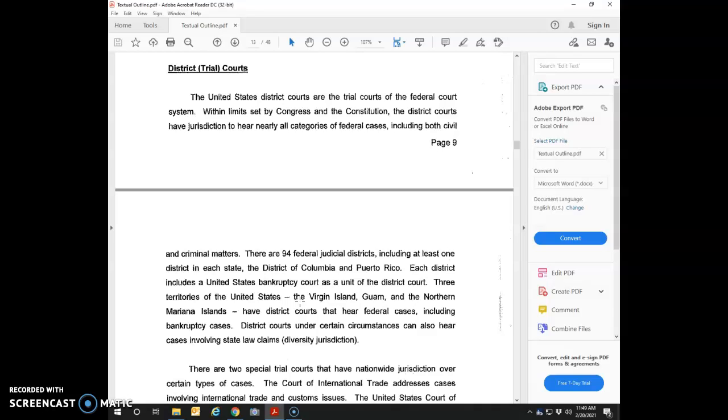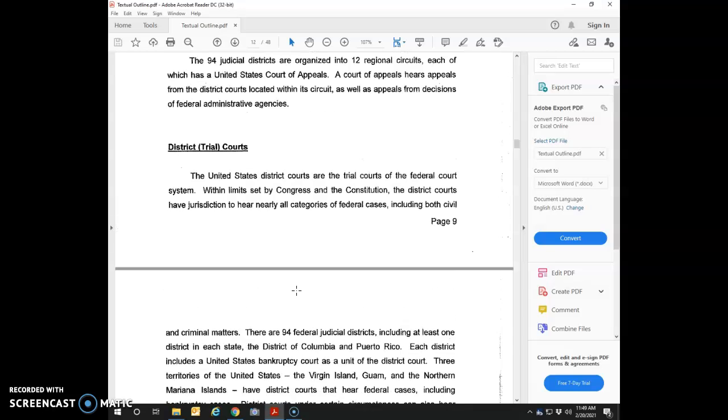The Northern District encompasses Syracuse and the northern part of the state. And in Buffalo, we are in the Western District. The federal courthouse in downtown Buffalo houses the United States District Court for the Western District of New York.